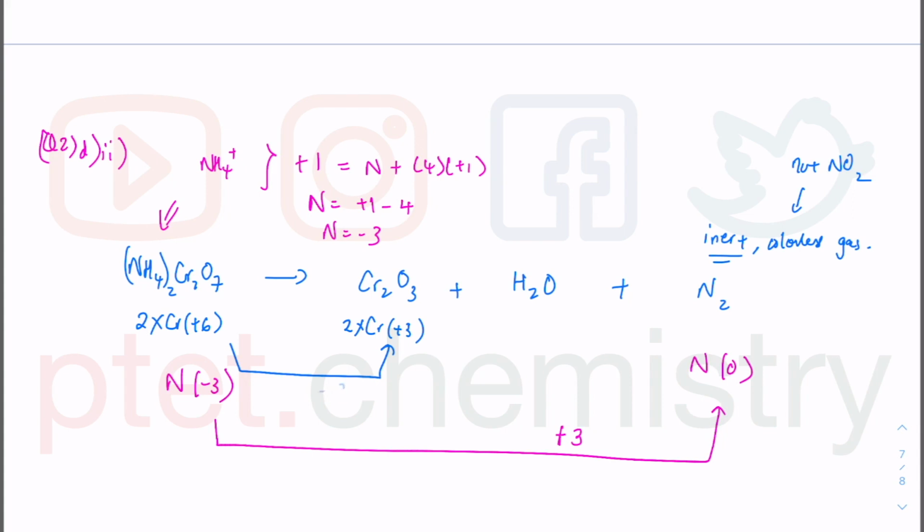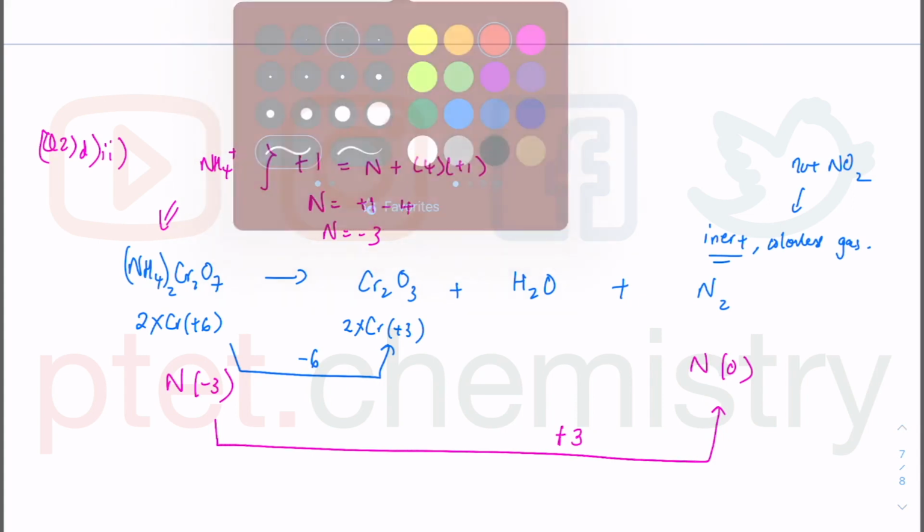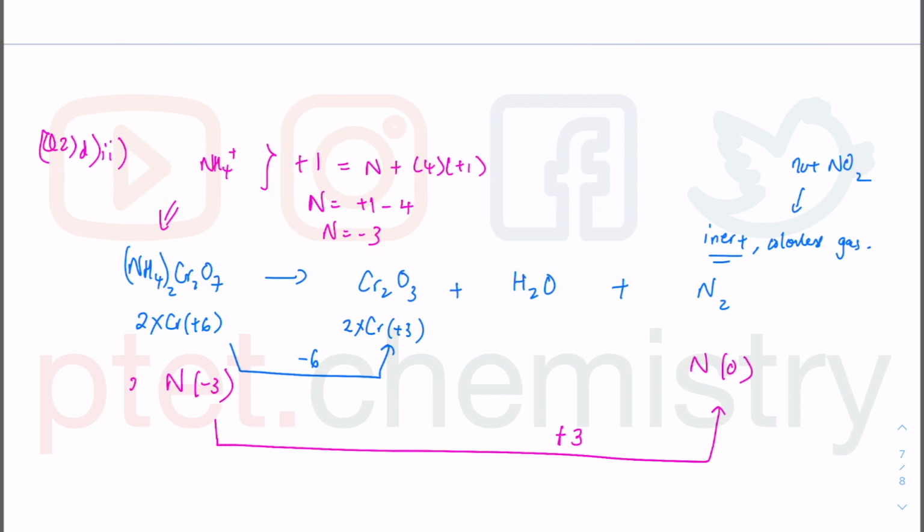So altogether I have -6, to be honest. And here, that is for 1 nitrogen. I actually have 2 nitrogen. So I will have 2 times nitrogen -3, but I only have 1 times of that nitrogen 0. So again, that should be +6. But happily, my -6 will cancel out +6 as well.